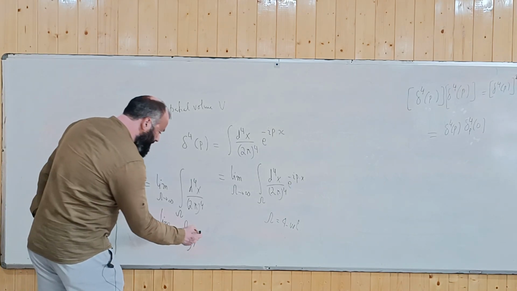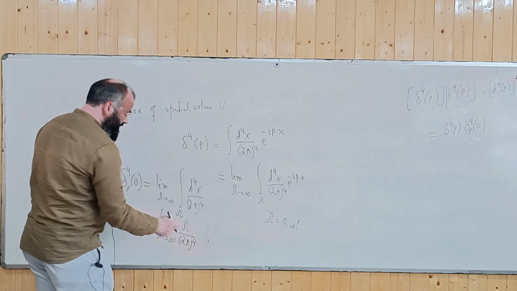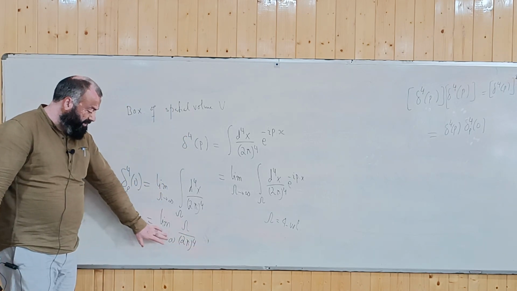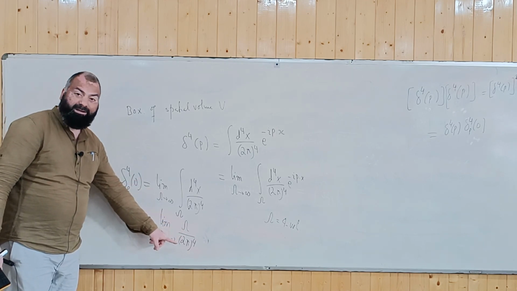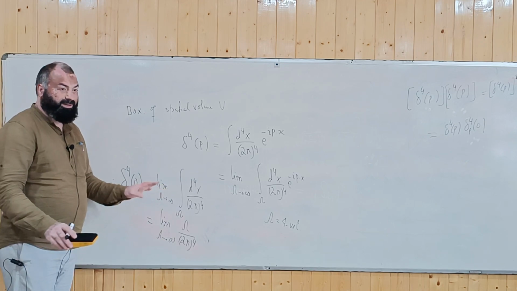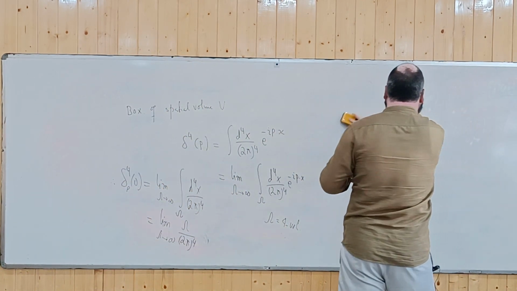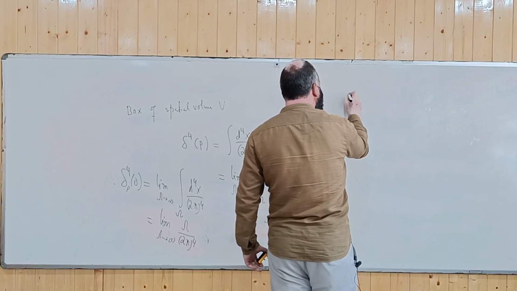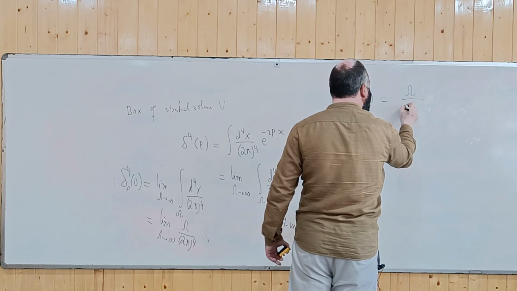So in our box, we use delta 4 of p at 0 as omega by 2 pi raised to 4.